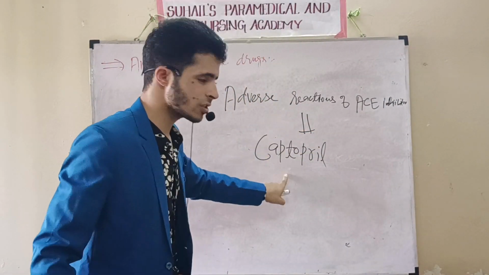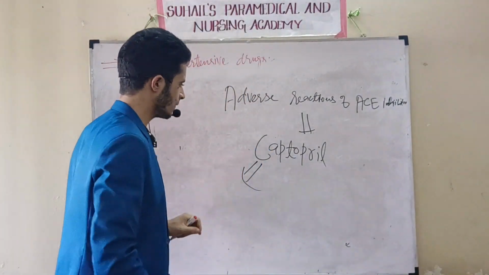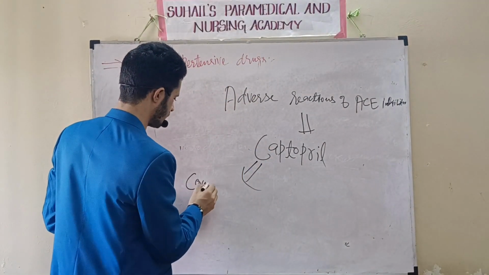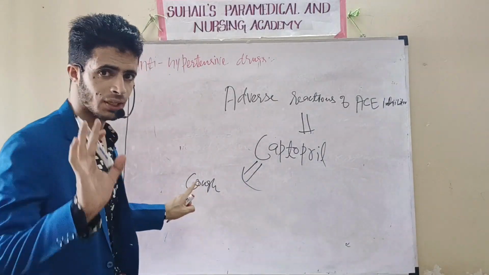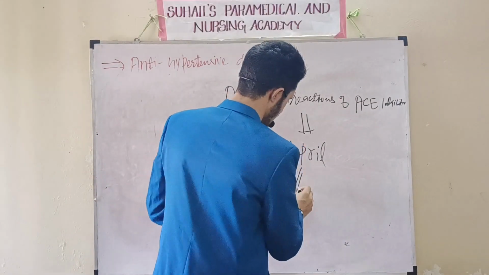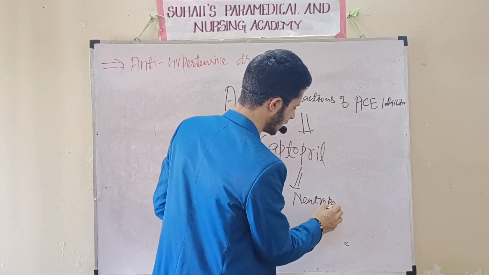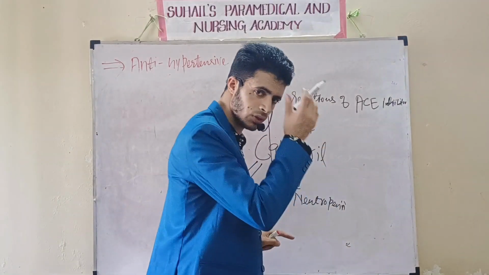So adverse reaction is also related with captopril. How? C is cough. There will be coughing, one adverse reaction of these. P for neutropenia, that is decrease in the number of neutrophils in the blood.